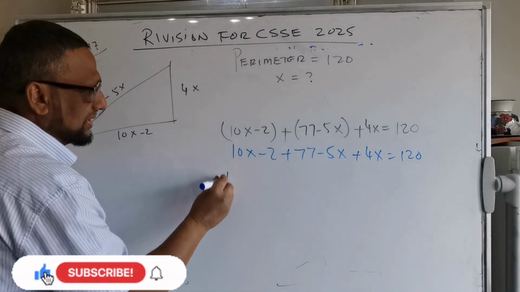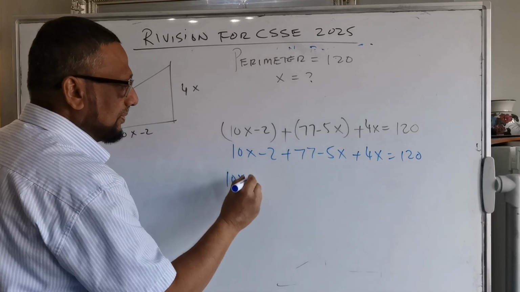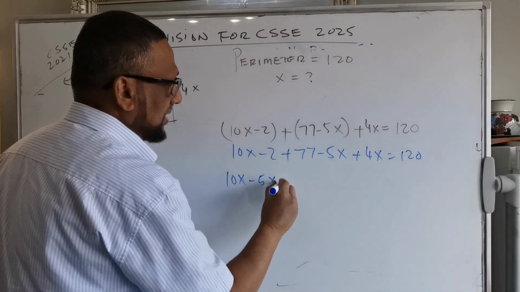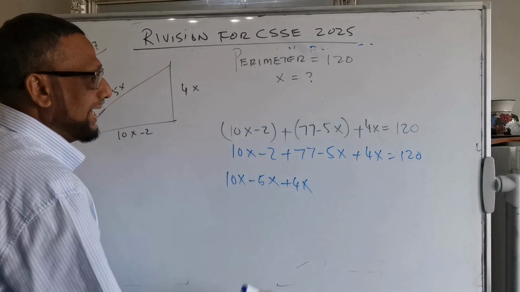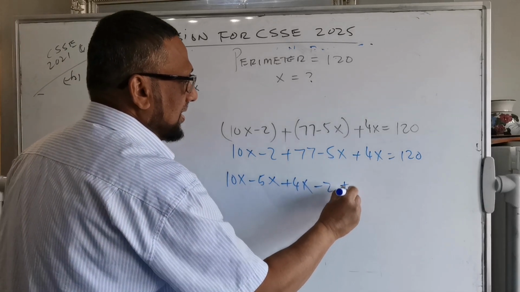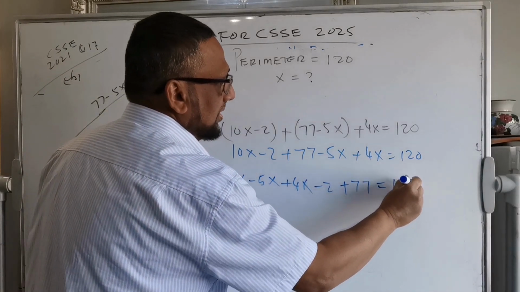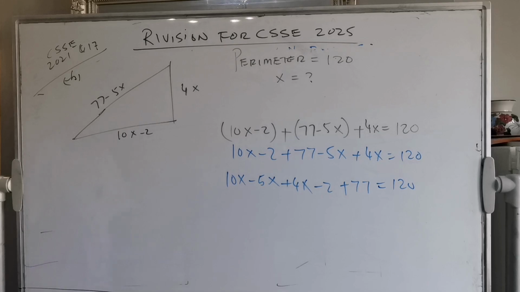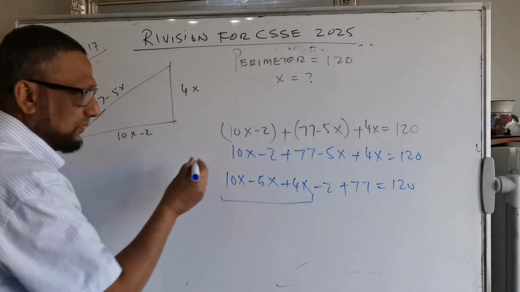Rearrange the x values first: 10x minus 5x plus 4x and minus 2 plus 77 equal to 120. Now you're going to simplify this one.